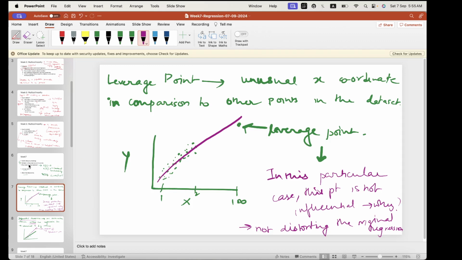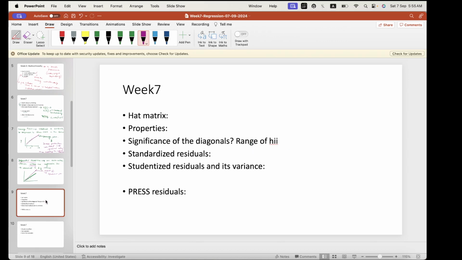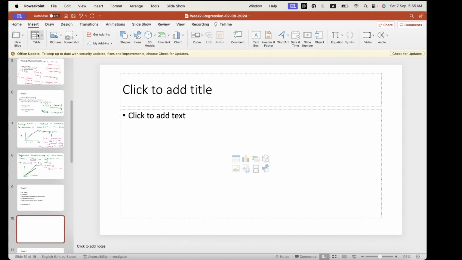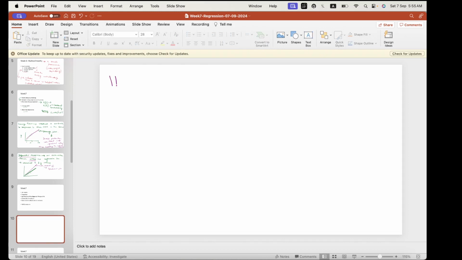So we learned about leverage points and influential observations. What else did we learn about? We learned about a very important thing known as the hat matrix. The hat matrix is derived as follows.